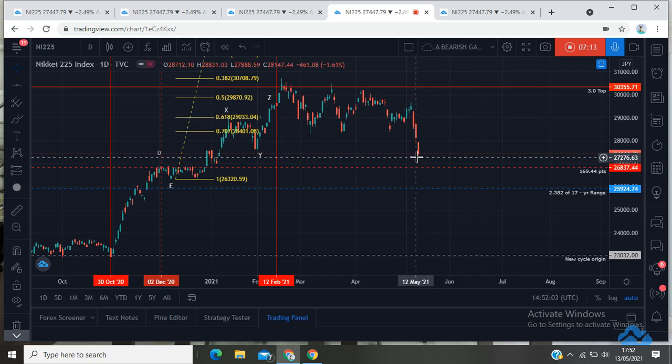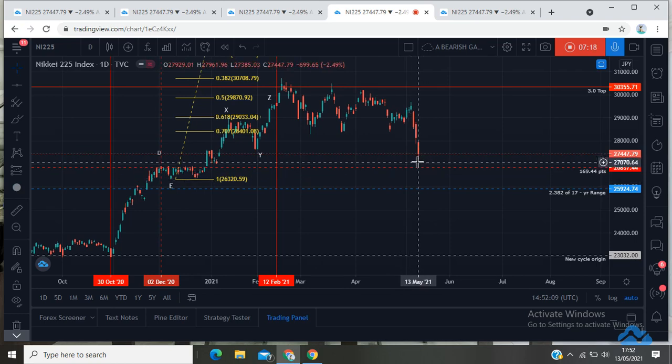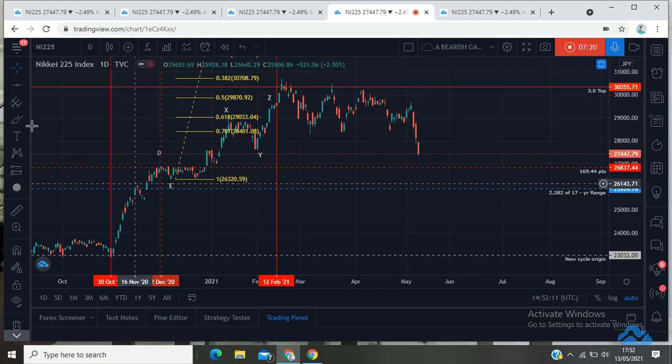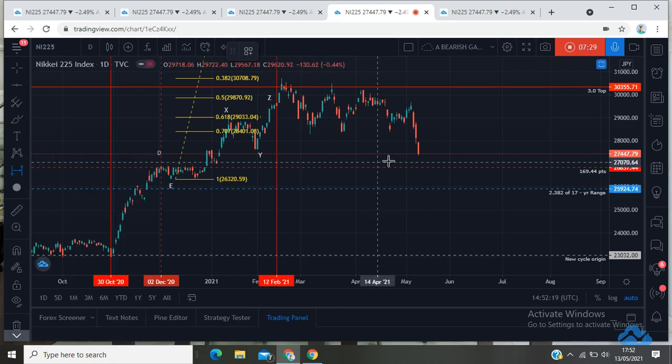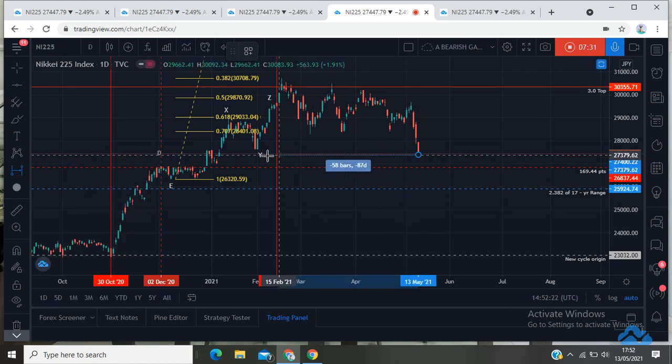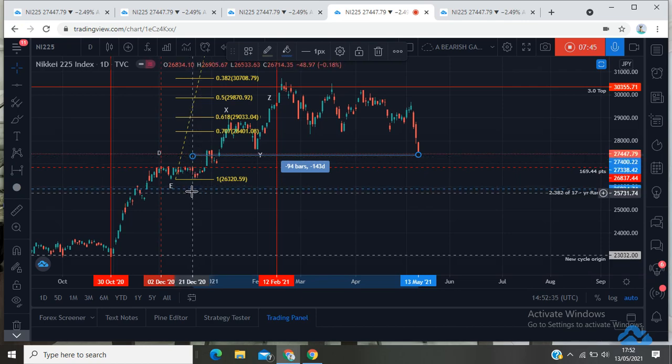What makes this candle, the 13th May candle, so special is that when we measure 143 days backwards, yes, we arrive exactly at this top here, which was made at point B.